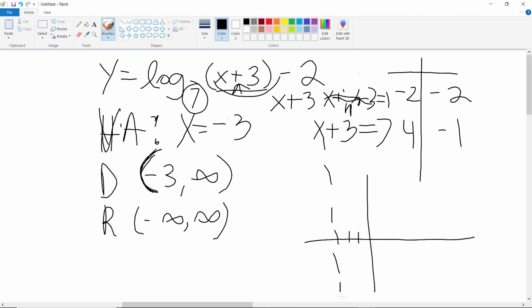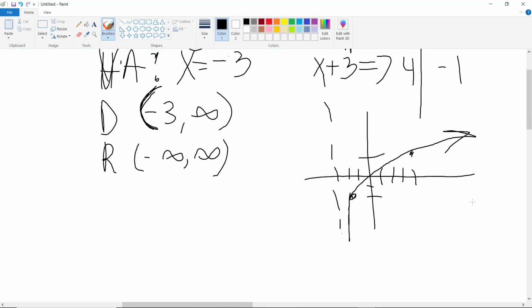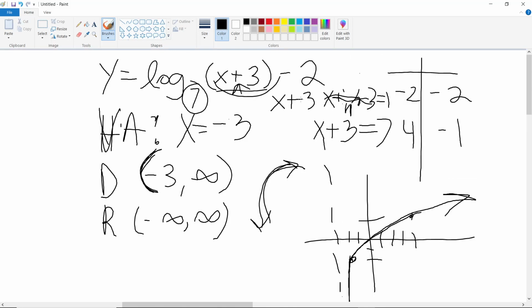I know 2 points, negative 2, negative 2, and 4, negative 1, and I know the general shape of this thing. So good enough. The general shape is like this. So that's it. There's the graph.